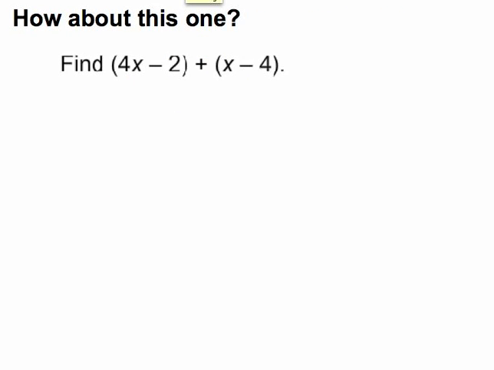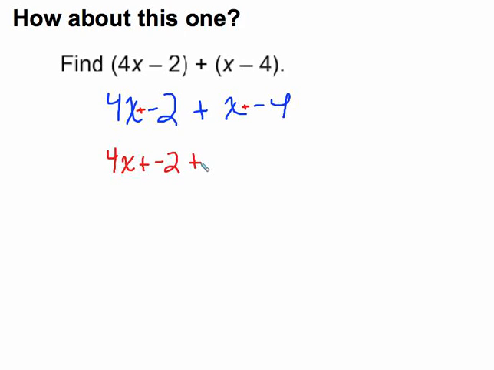4x minus 2 plus the quantity x minus 4. Again, I can break these out of the parentheses, giving me 4x minus 2 plus x minus 4. I'm going to turn it into an addition problem using keep, change, change, adding the additive inverse. So I'm going to put a plus there and a plus there. So this becomes 4x plus negative 2 plus x plus negative 4.